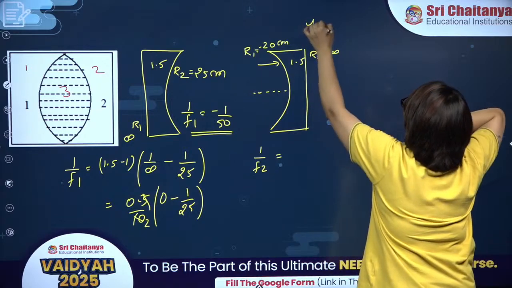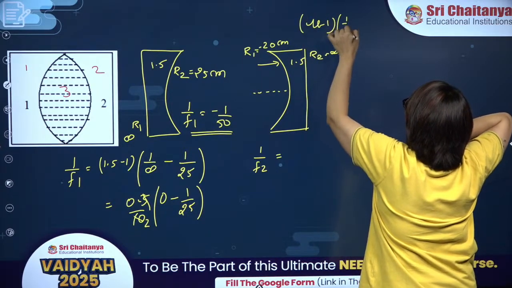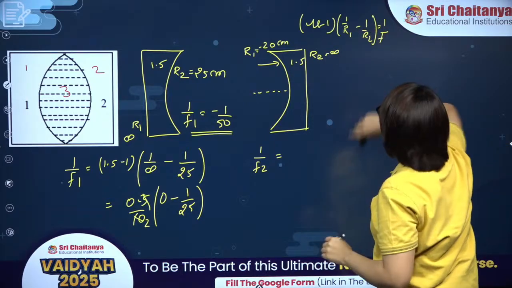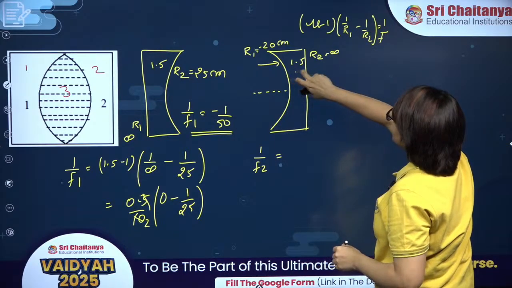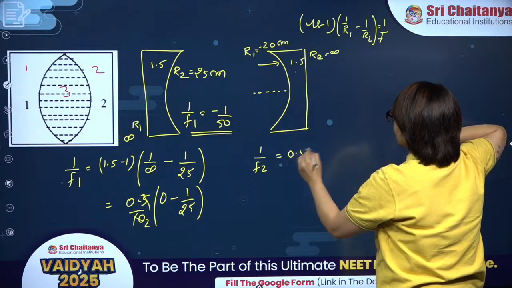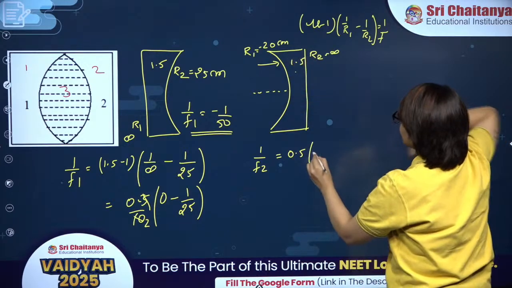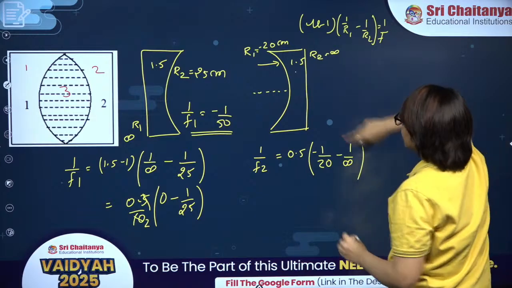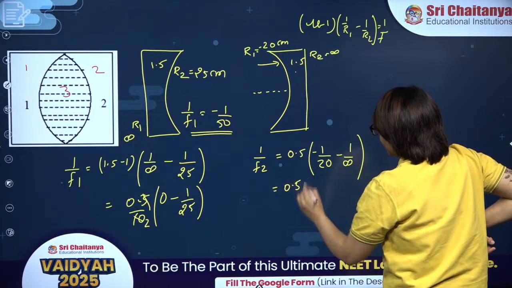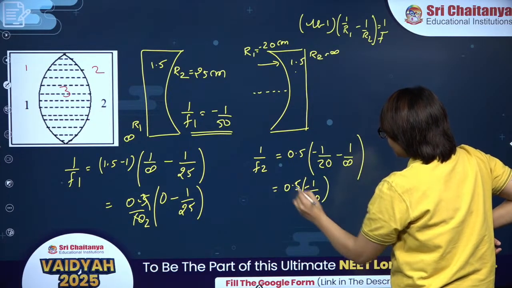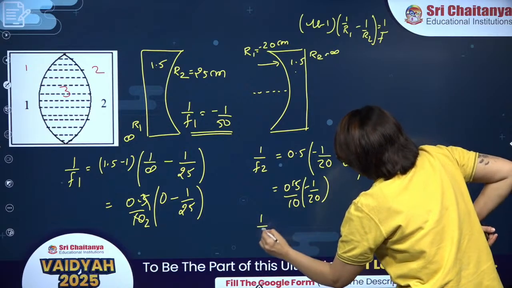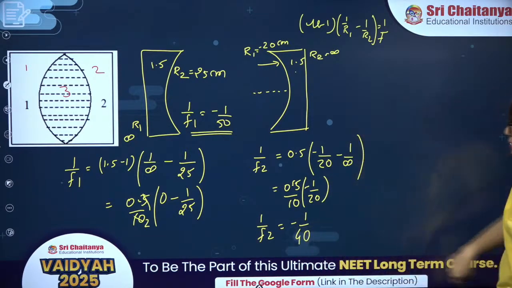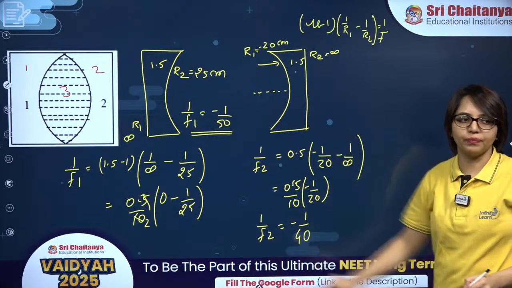I am applying this formula, mu minus 1 into 1 upon r1 minus 1 upon r2 as 1 by f. So mu minus 1 is 1.5 minus 1, which is 0.5. 1 upon r1 is minus 1 upon 20, minus 1 upon r2 is infinity. So it will be 0.5 times minus 1 upon 20. So 1 upon f2 will be minus 1 upon 40. This is the second thing that we need here.